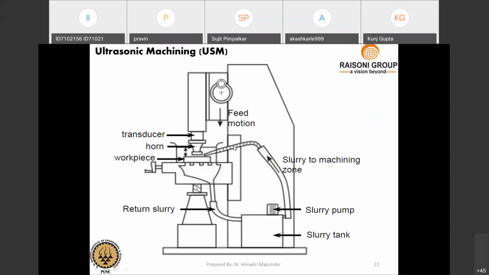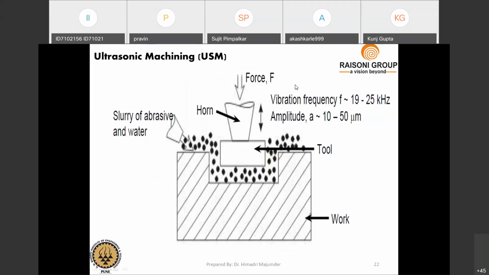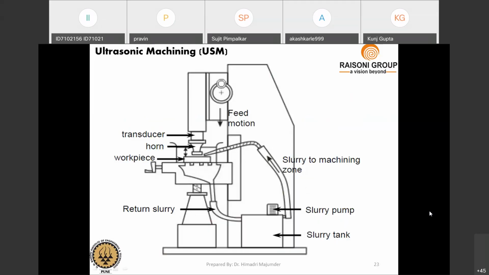Here, from the beginning, there is a feed system to regulate the feed motion. Then there is a transducer, which produces this vibration. Then the horn, with which the tool is connected, and through this horn, vibration takes place on the tool, and with this arrangement we provide the abrasive slurry. During the continuous vibration, the material will get removed from this workpiece.